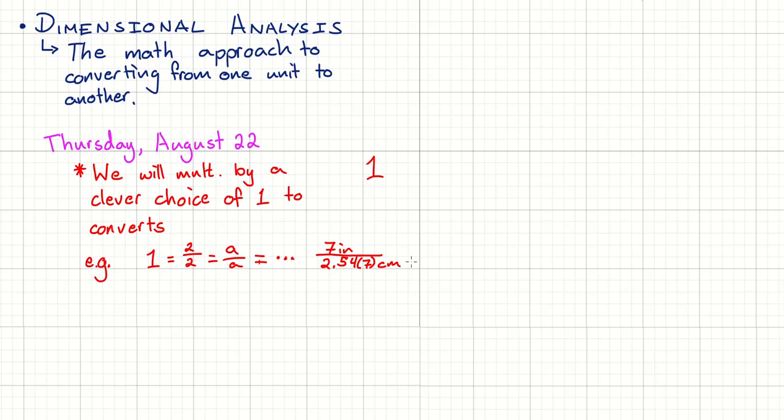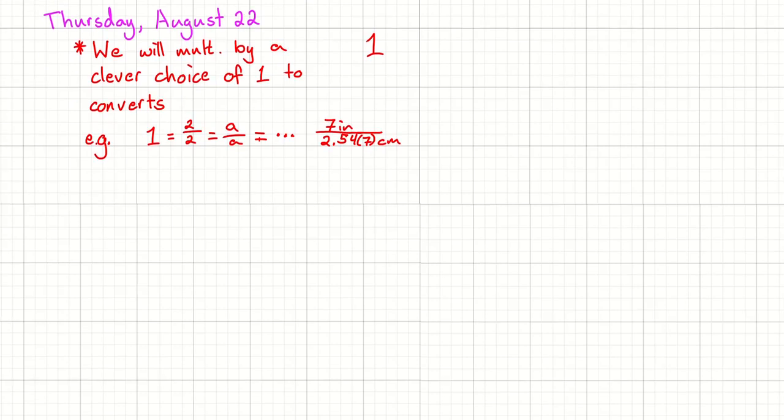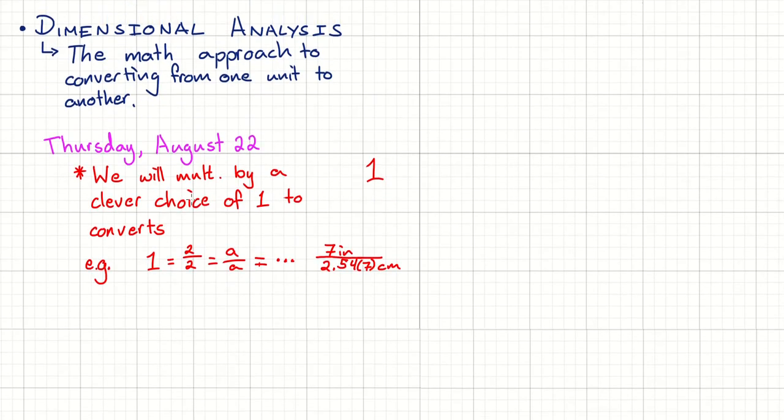So back when you were converting between degrees and radians, if that's something you did in Algebra 2, I'm not sure, probably at least a little bit, you likely chose to multiply by pi over 180 degrees or 180 degrees over pi. And that was just another clever choice of 1. We're going to make use of that fact like all the time, today especially, to make sure that we get this.